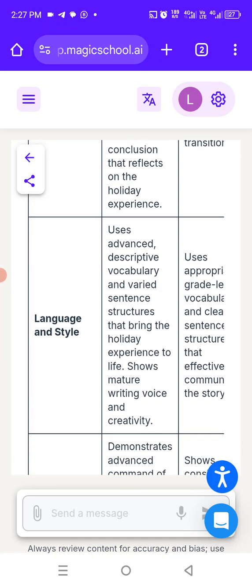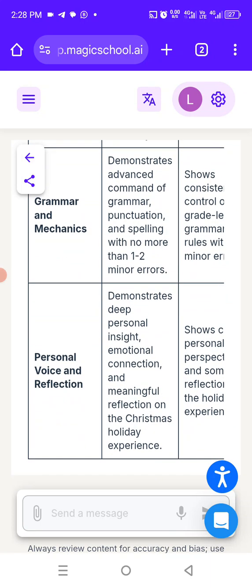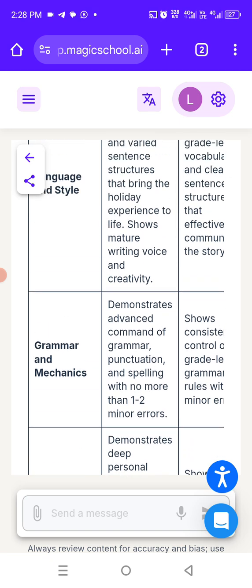The third one is language and style, how did the person present it, the styling of writing. The next one is grammar and mechanics, the grammatical correctness of how the person wrote the essay.